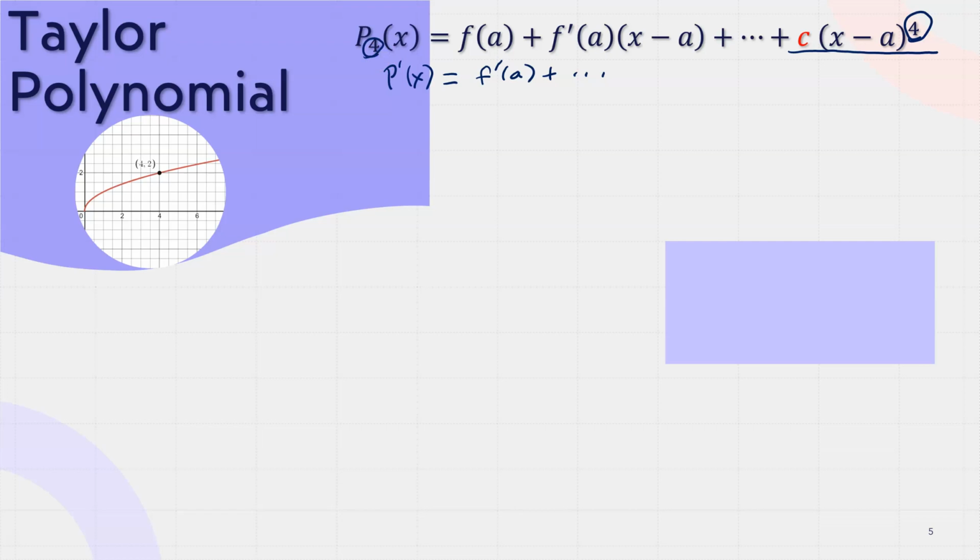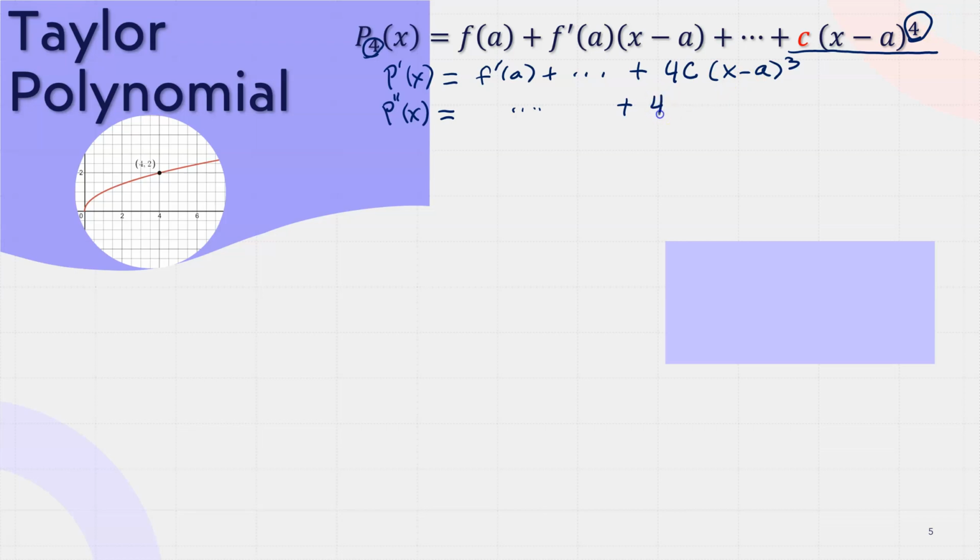So if I was to take the first derivative, I would have all that plus bring the 4 down. So I will have 4c times x minus a to the third power.